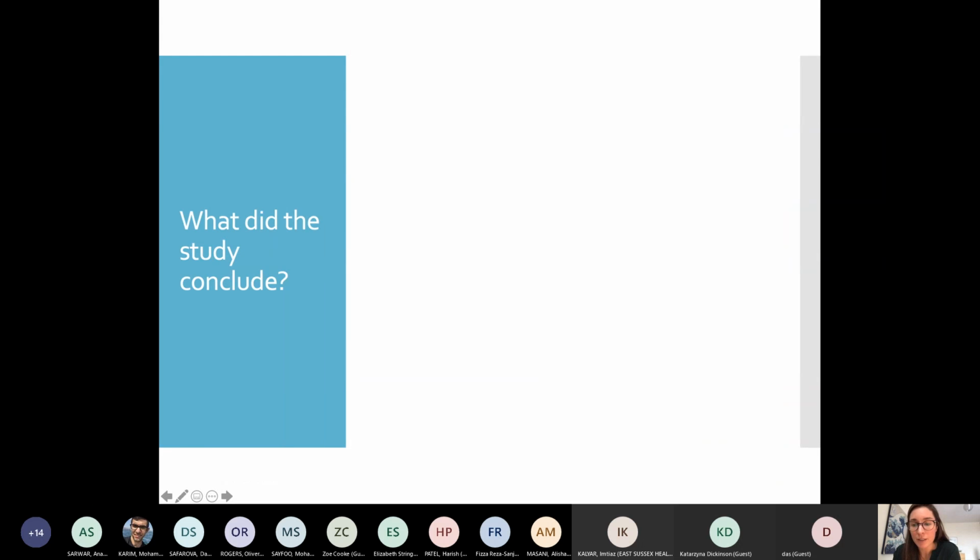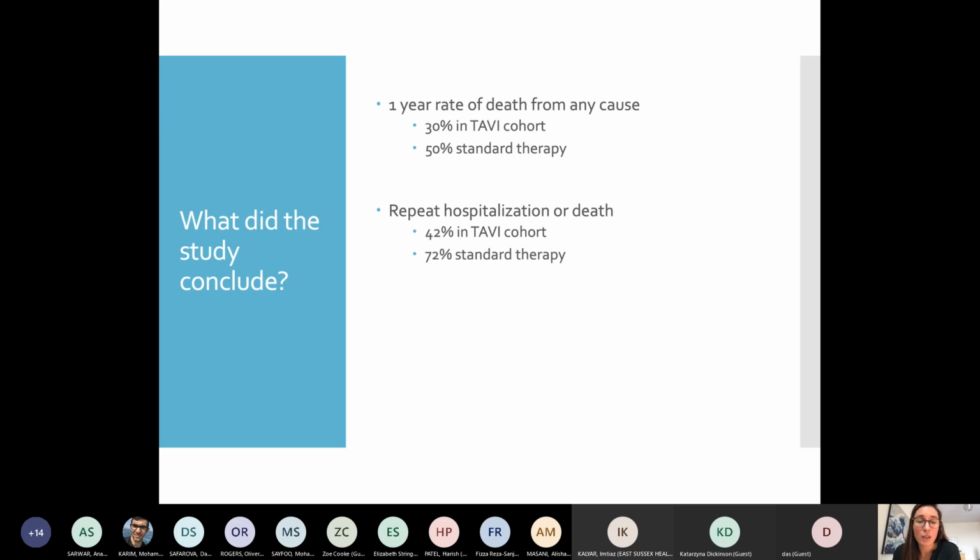So what did they find? So the rate of death at 1 year, for any reason, was lower in the TAVI cohort. They were less likely to be hospitalised as well, which some people might argue may be as important.